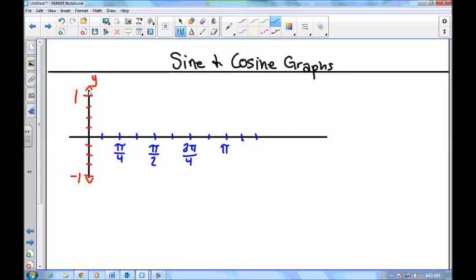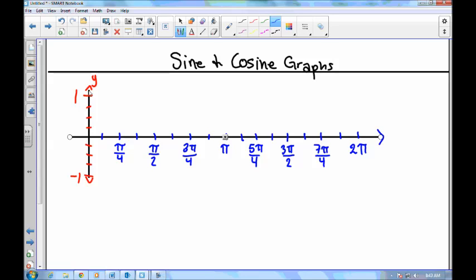Okay, 180 plus 45 puts us at 225, which in radians is 5 pi fourths. 270 degrees in radians is 3 pi halves. Then 7 pi fourths. And then 1 full rotation is 2 pi.